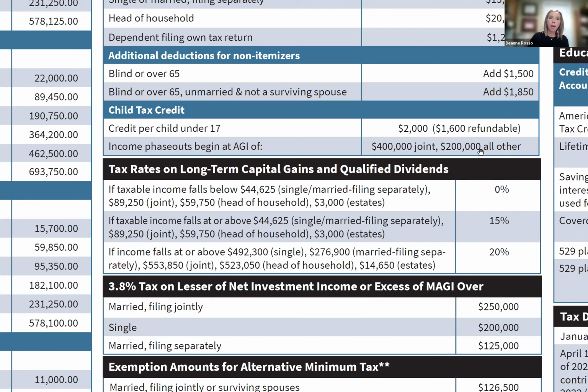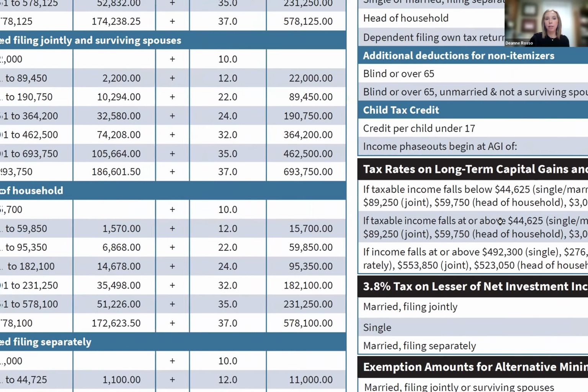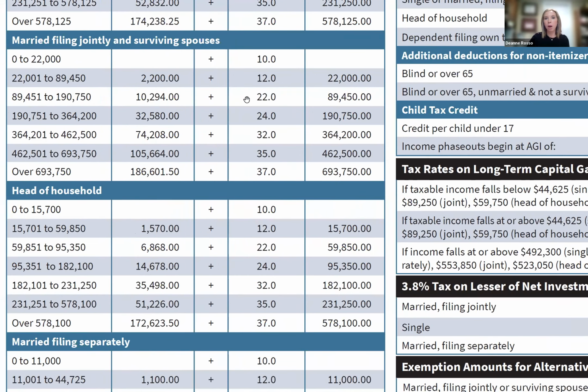But even if you make in the next tier up, so as a joint family over $89,250 or as a single filer over $44,625, you get preferential tax treatment on long-term capital gains and qualified dividends. You're only paying 15% as opposed to your ordinary tax rate schedule, which may be around the 22% tax bracket.